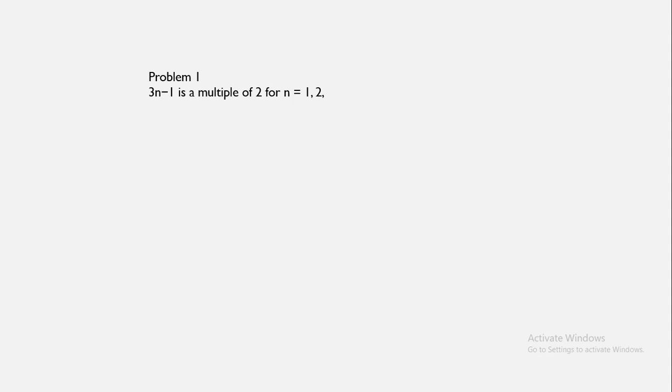So problem number 1: 3^n minus 1 is a multiple of 2 for n equals 1, 2. I'll give you the solution. Step 1: for n equals 1, 3^1 minus 1 equals 2, which is a multiple of 2.